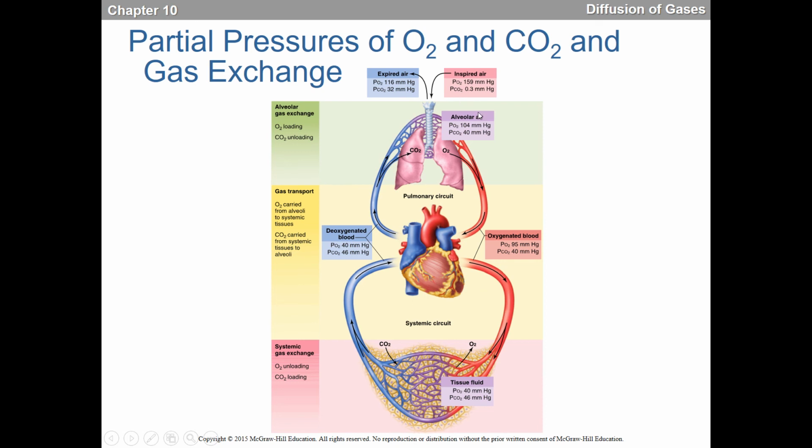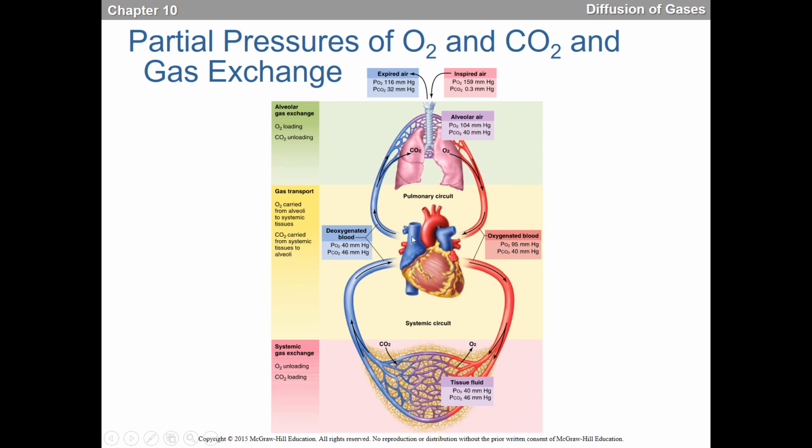And in terms of the CO2, within all of this, the CO2 is the highest within the tissue. And that being the highest in the tissue is going to drive it to leave in the venous blood, and then be exported out. So pay attention to this, 46 to 40 to 32. And really in the normal air, 0.3.